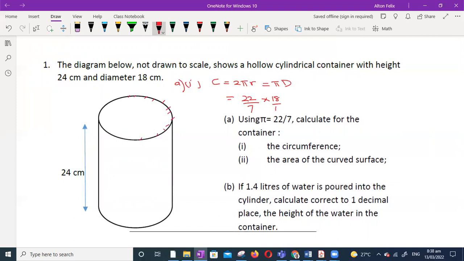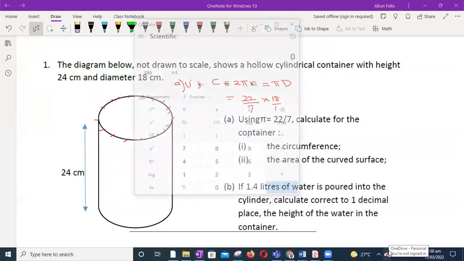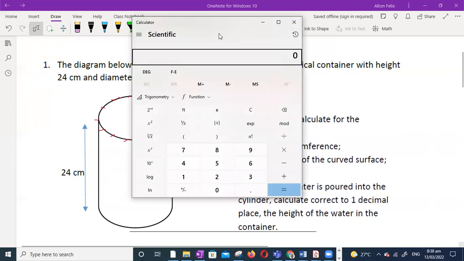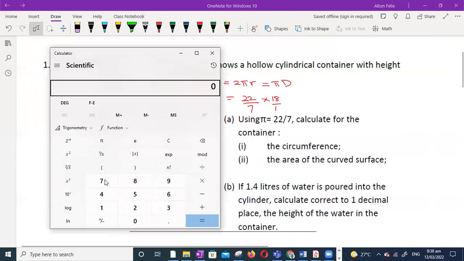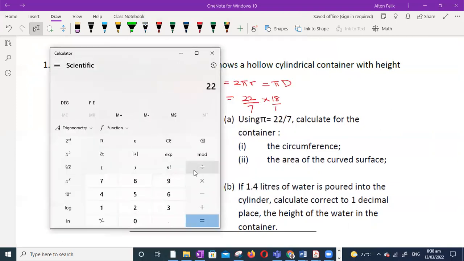So we are looking at the total distance around. Right, so let's use our calculator to work that out. Right, so that circumference will be about 15.6 centimeters.